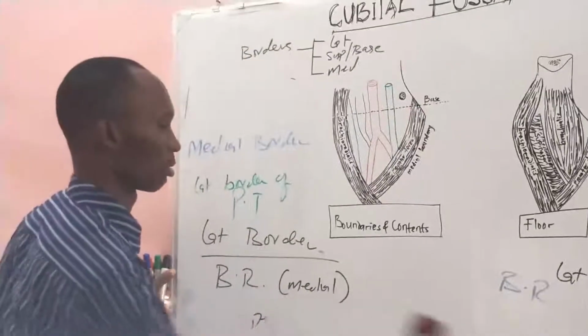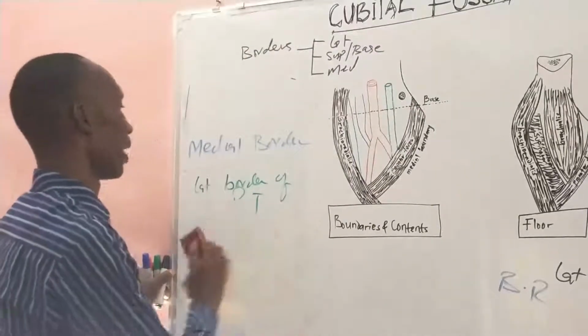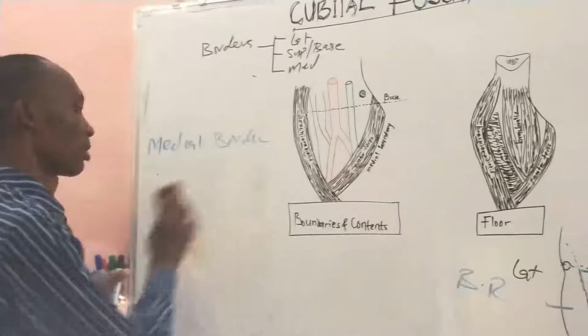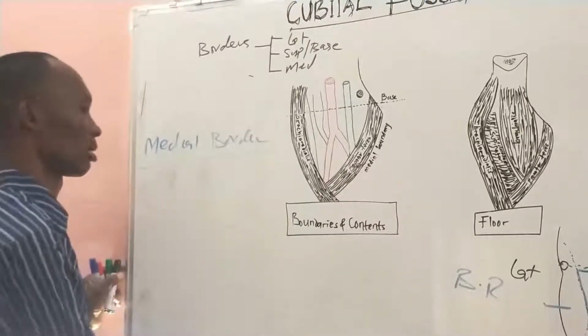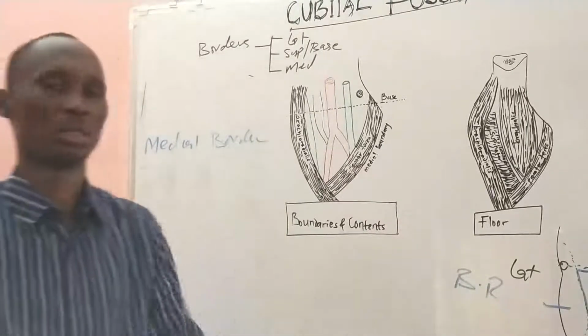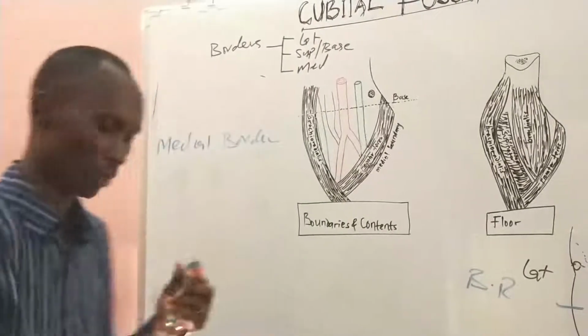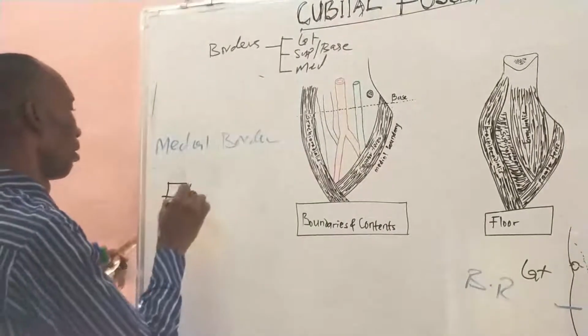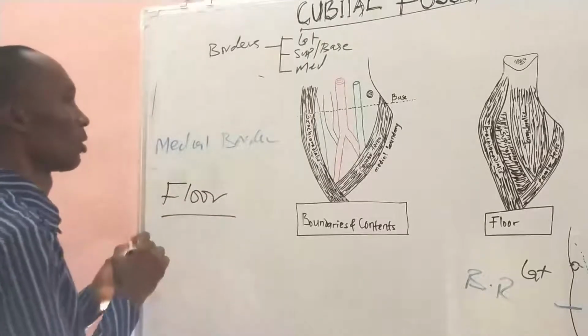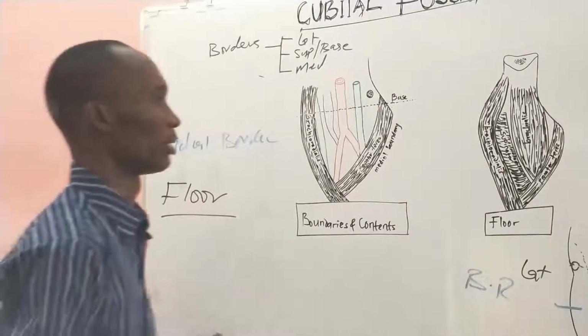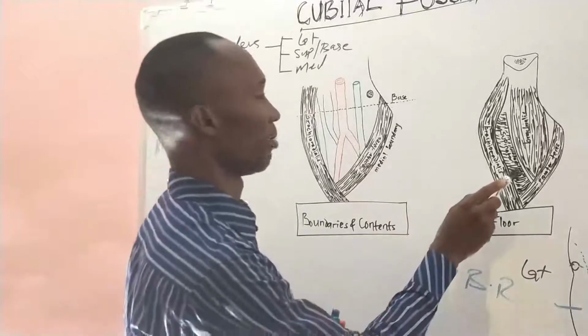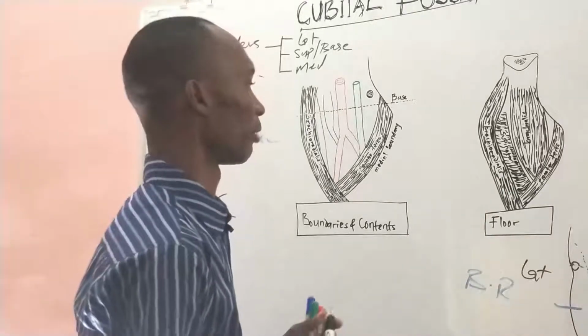Now we'll look at the floor. The floor is formed by two main muscles, the supinator and the brachialis. The next diagram gives us an idea of the floor.